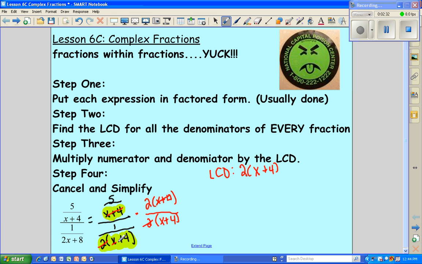This 2 is going to cancel out this one, and this is going to cancel out that one. So by doing the LCD, what happens is you get rid of the denominator that is within each the numerator and the denominator. So we're left with 5 times 2 on the top, and we're left with 1 on the bottom. So we would say our answer here is 10.